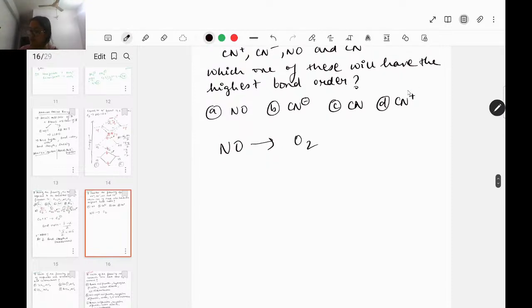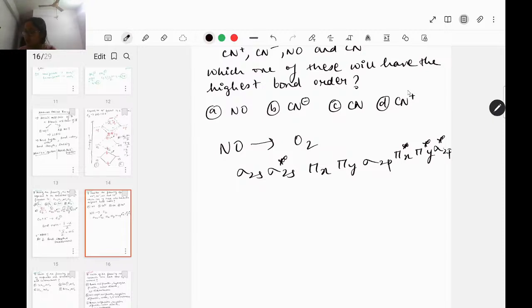If it resembles the O2 molecule, we are just ignoring the 1s, so we start writing from 2s. Sigma 2s, sigma star 2s, then pi x, pi y, then sigma 2p, then pi star x, pi star y, then sigma star 2p.